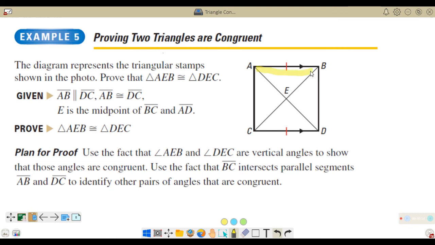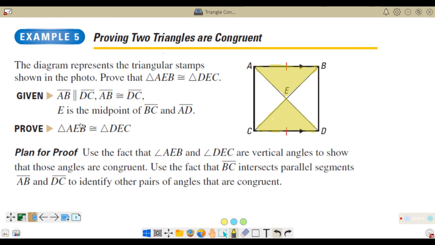Medyo malilituhin ako pagdating sa geometry. So, mas gusto ko na nilalagyan ng marka bukod dun sa mga marka na given na. So, ipoprove natin ay triangle AEB is congruent to triangle DEC. So, itong dalawang yellow na triangles, ito lang yung kailangan nating i-prove na congruent.